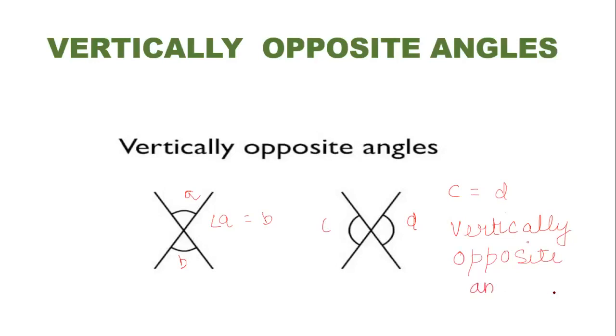We just have to say this, A is equal to B, C is equal to D because they are vertically opposite angles. This is how we use it. When two lines cut each other, the meeting point, जो opposite वाले angles होंगे वो equal होते हैं. ये opposite angles हैं, ये equal है एक दूसरे.